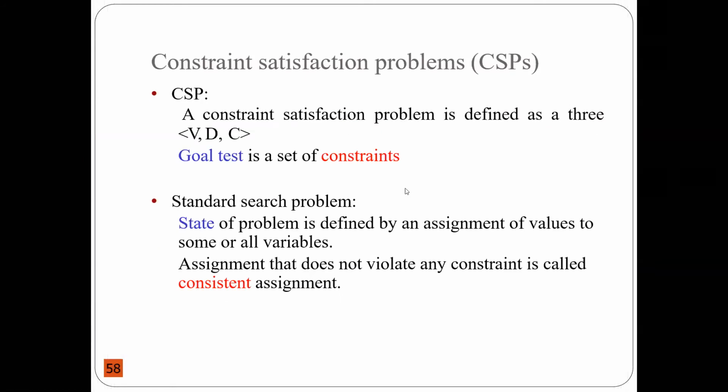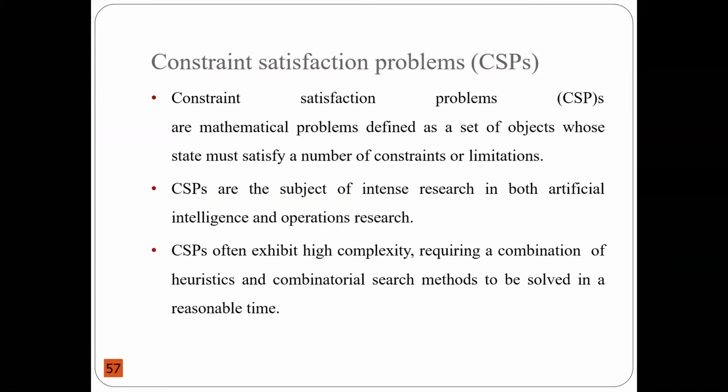Next we'll see what is a constraint satisfaction problem. Constraint satisfaction problems, or CSPs, are mathematical problems defined as a set of objects whose state must satisfy a number of constraints or limitations.